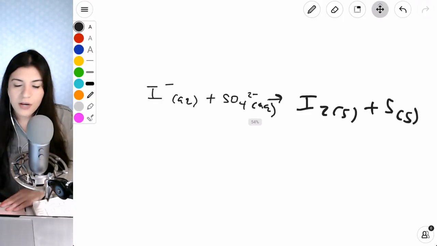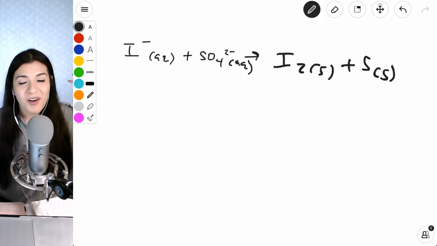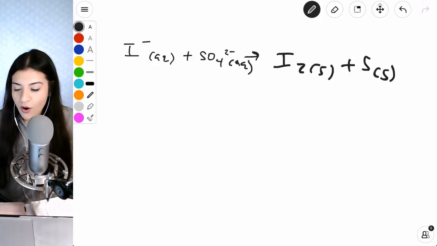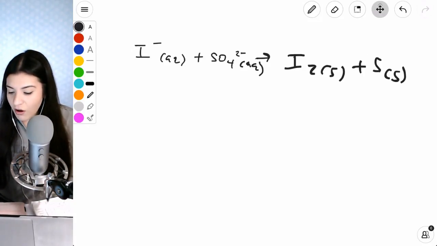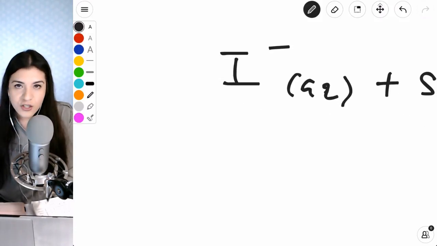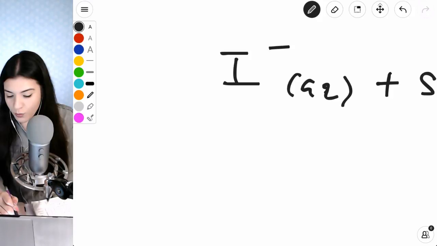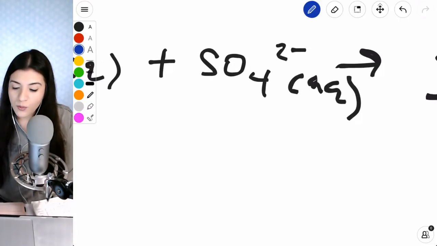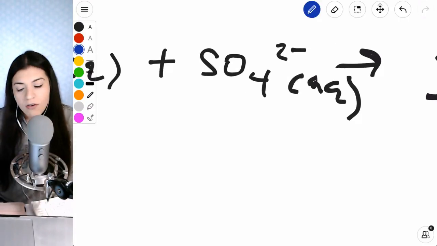All right. So first things first, whenever we're looking at redox reactions, we want our oxidation numbers. So I'm going to start off with figuring out what our oxidation numbers are overall. Starting off with this first element, since it has a charge, the oxidation number would be the charge. So it's a -1. In this part, we're going to look at the oxidation numbers that we actually know of.